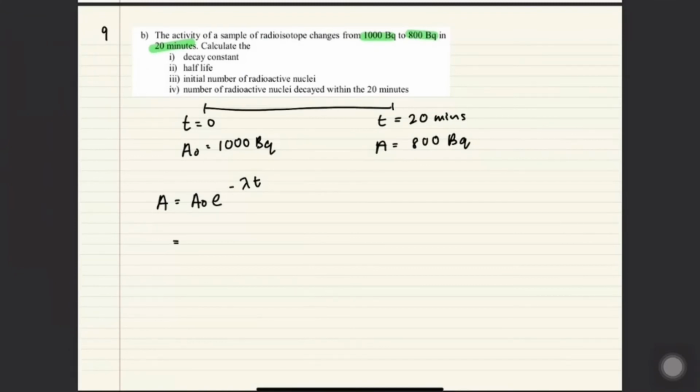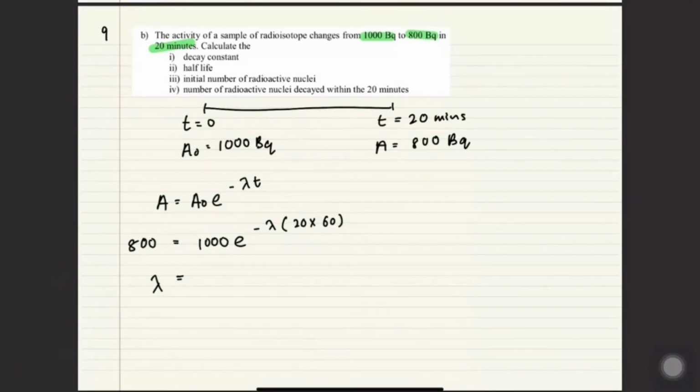Where your A is 800, A naught is 1000. Lambda dia adalah, kita nak cari, time dia adalah 20, so 20 multiply with 60, kamu dapat second.